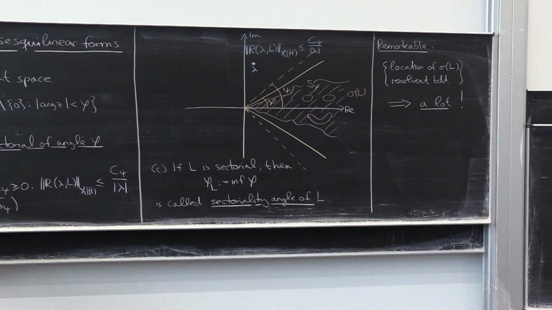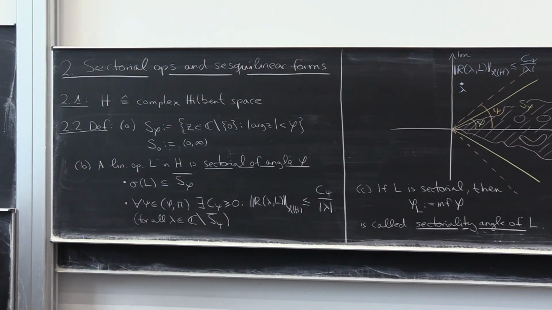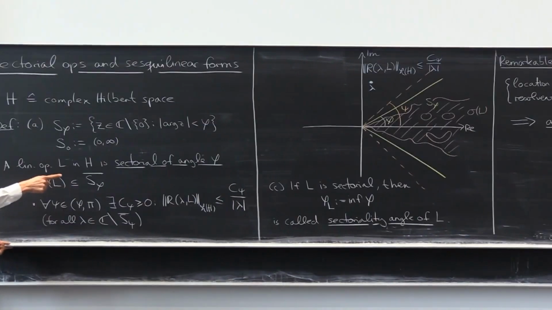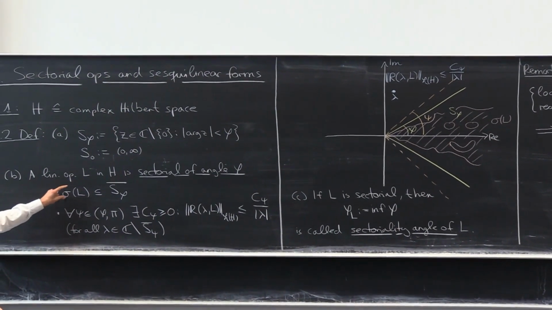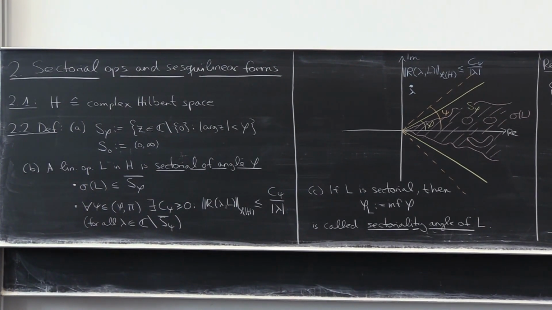Yes, it's the inf over all phi that make the B part of the proposition correct. Or in other words, that was the question from the audience, what is phi? Phi is any angle such that L is sectorial of angle phi. And then I take the inf over all these guys, that's the sectoriality angle. Okay.